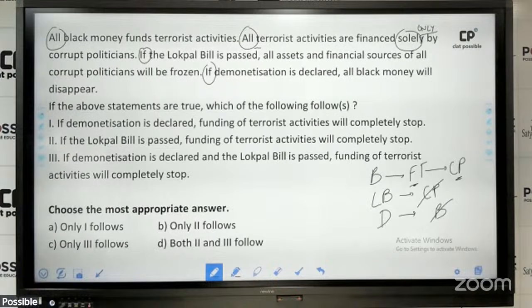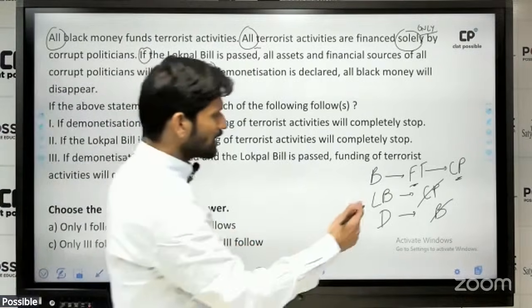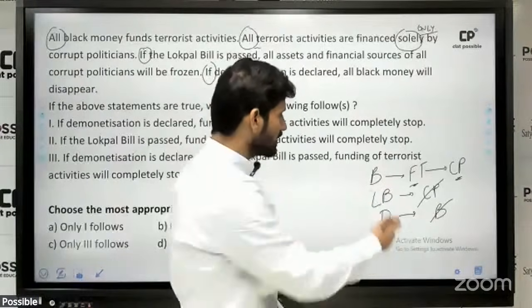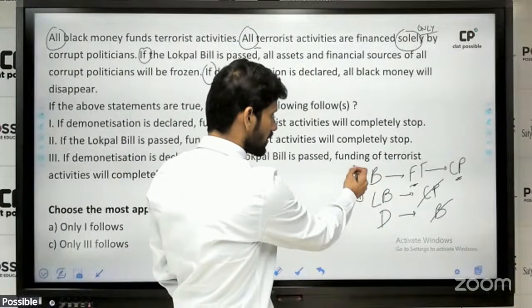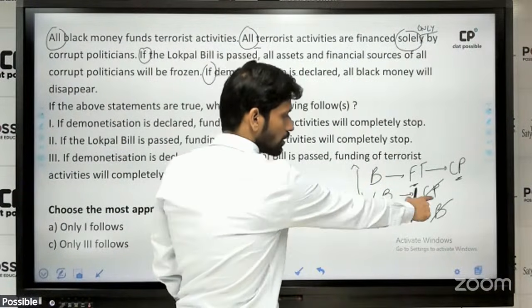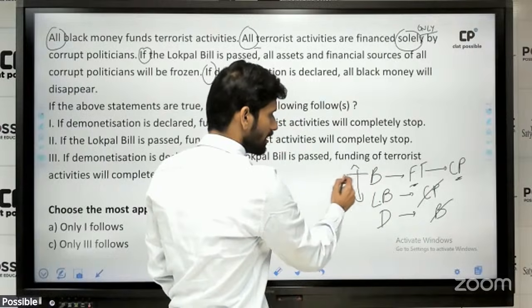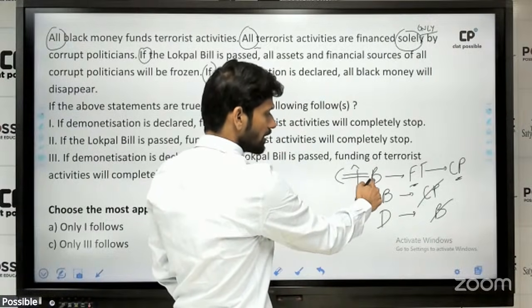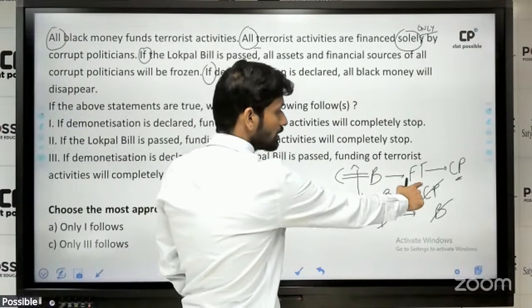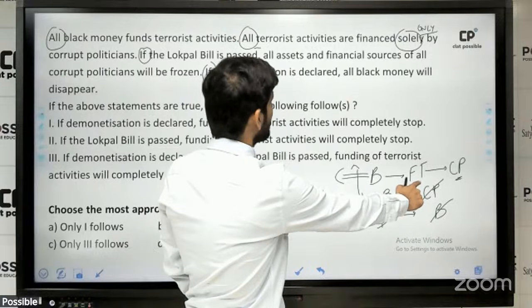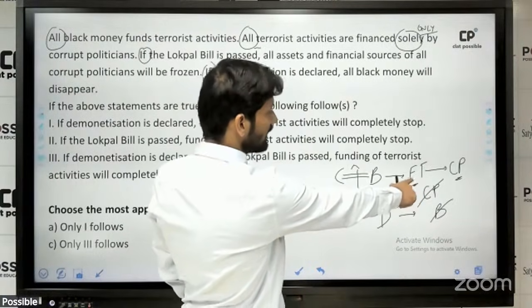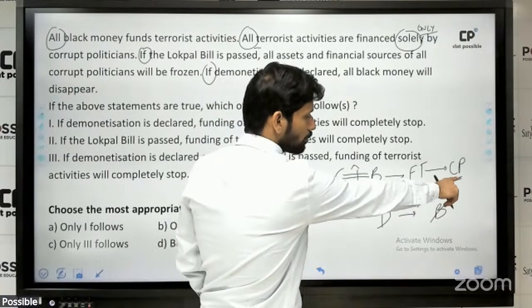Okay, तो क्या करते हैं, पहला स्टेटमेंट देखते हैं. So before that, what comes to my mind immediately after seeing these two statements is Lokpal bill, not CP. तो देखो ये वाला जो statement था कि black money, funding by funding terrorist activities and corrupt politicians.